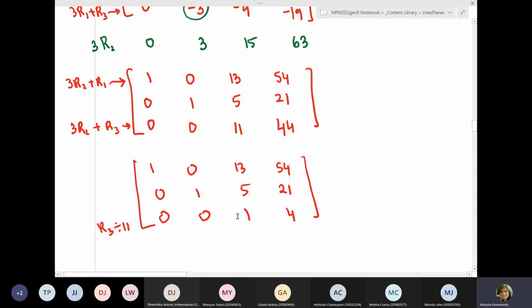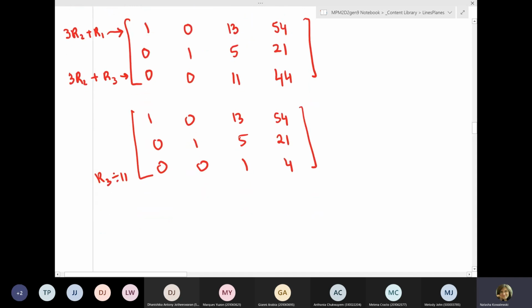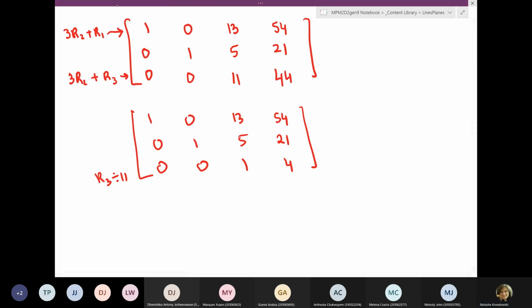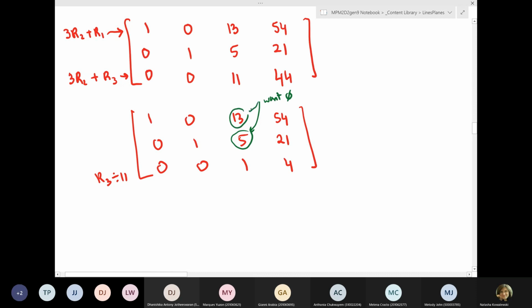So now that we have the 1, then I'll again do the rough work. So use different colors or somehow separate your work. So we want 0 over here. Well, so I think I should do a calculation of -5 multiplied with row 3 as rough work, and also -13 multiplied with row 3 as rough work, because then we can just do some additions again.